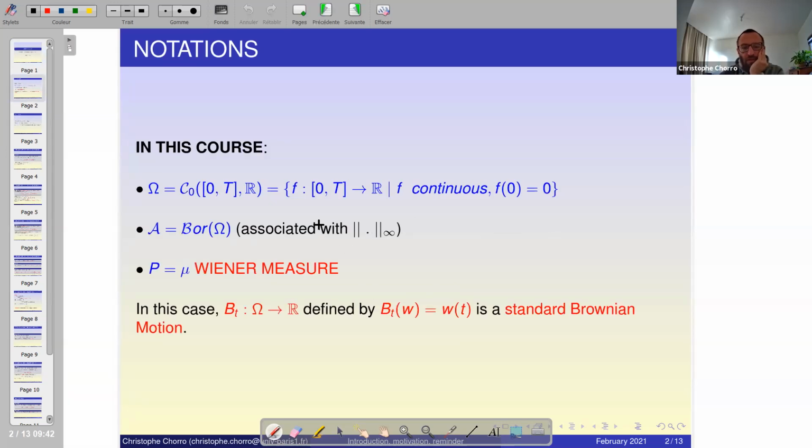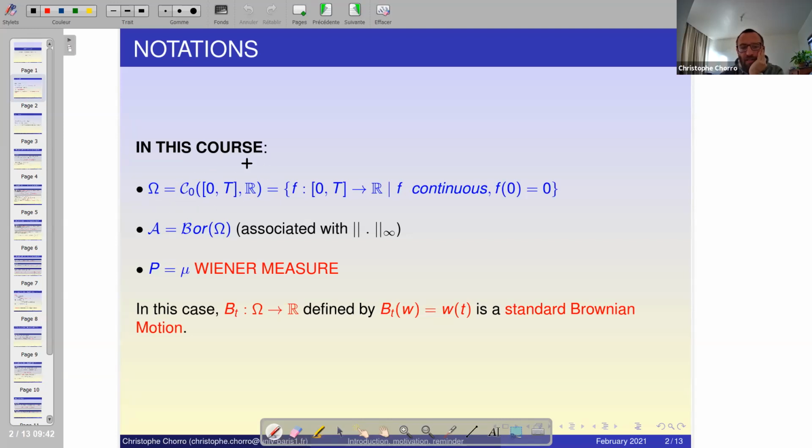I have introduced the following notation. The probability space we are going to work with is a particular one. I remind you that for me, in all this course, omega will be the set of the continuous mappings from 0 to capital T into R such that f of 0 is equal to 0. For calligraphic A, the sigma algebra, I will take the Borel sigma algebra related to omega.